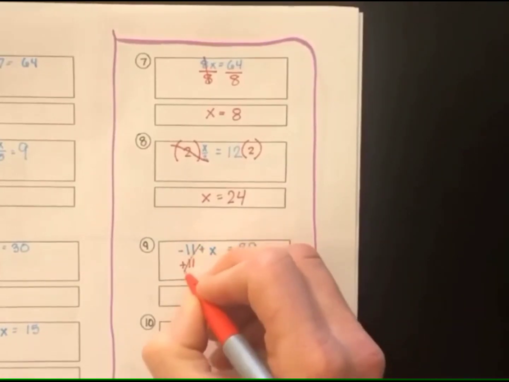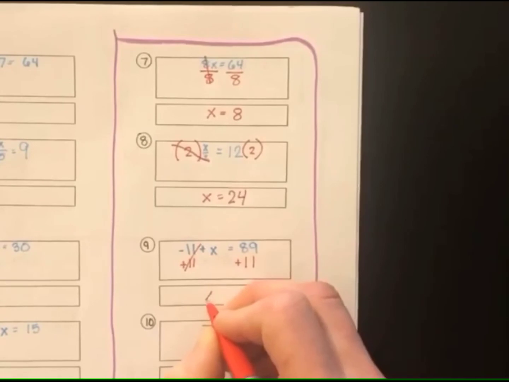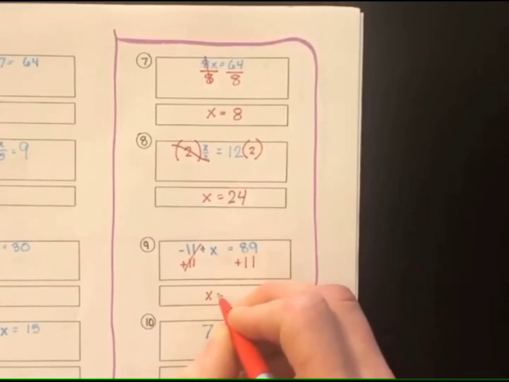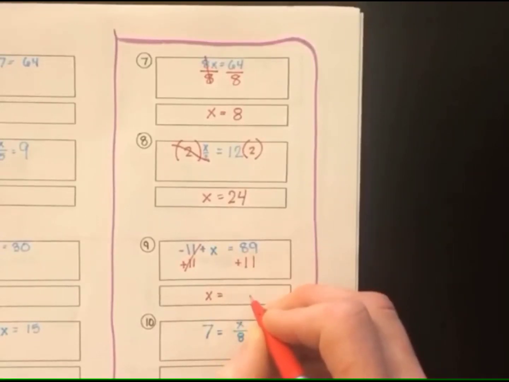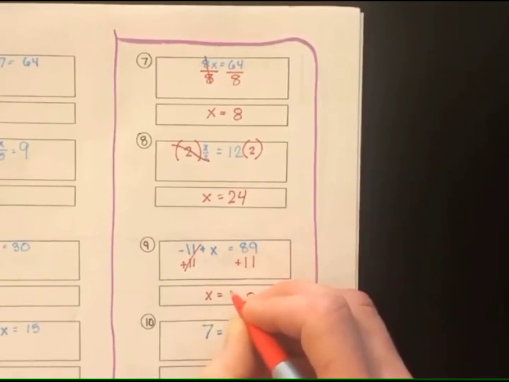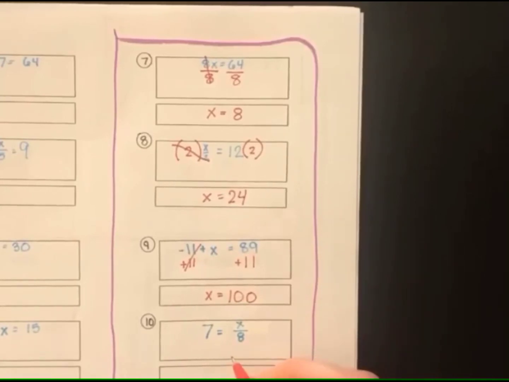The 11 cancels out. We're left with x equals 89 plus 11. That gives us 100. The value of x in number 9 is 100.